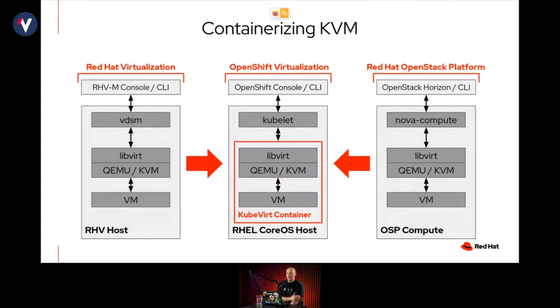The idea of OpenShift containerization is basically to take the same technology stack we use as a virtualization foundation at Red Hat, specifically KVM, QEMU, libvirt, all the stuff you know, which has been used in Red Hat Virtualization and OpenStack for many years, and to put it into containers and run it in OpenShift, managed by Kubernetes, pretty much the same way as it is done with containers.